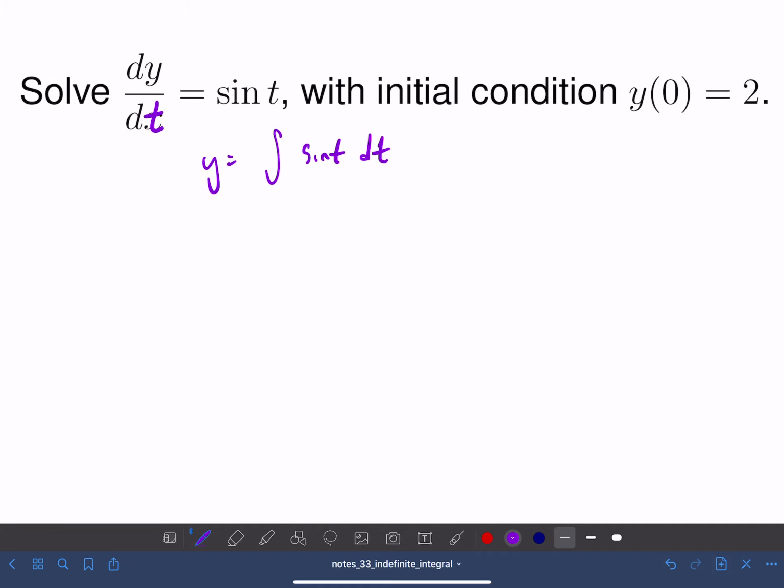And I will. What do I take the derivative of to get sine? Minus cosine. That's what y of t is equal to. I know that y of 0 equals 2.